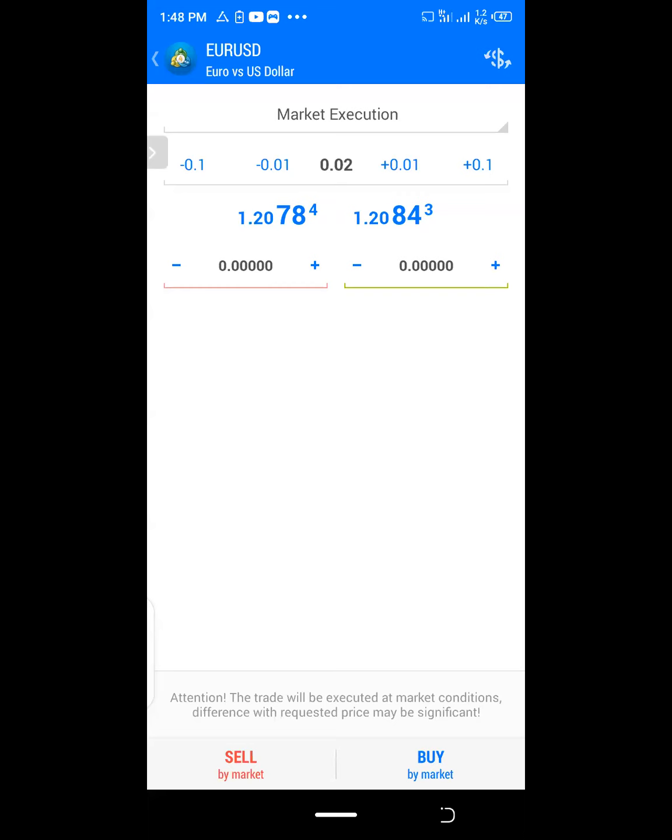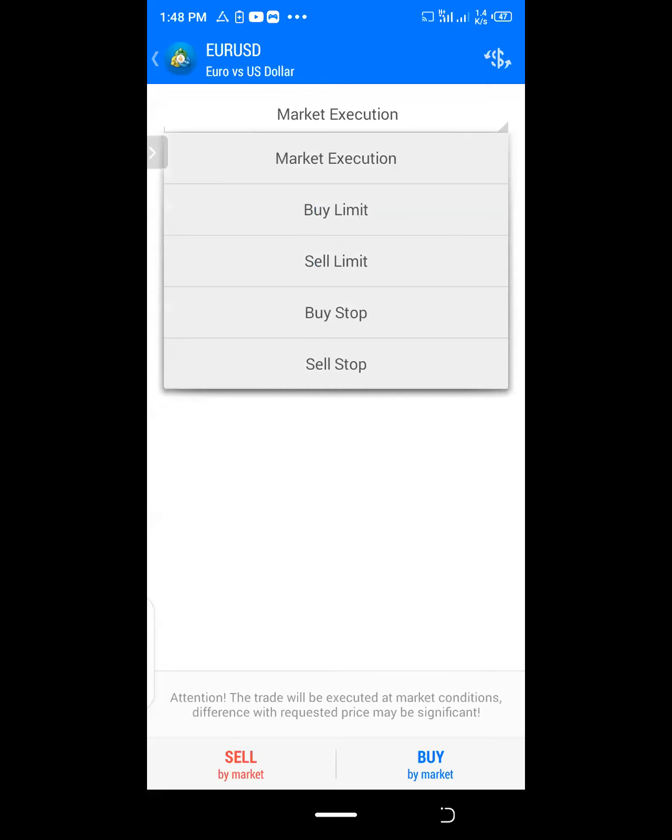I am buying at that current market price. The current market exchange rate, that is the price at which I'm buying. All right, so you can see it here. It's either called instant execution or market execution.